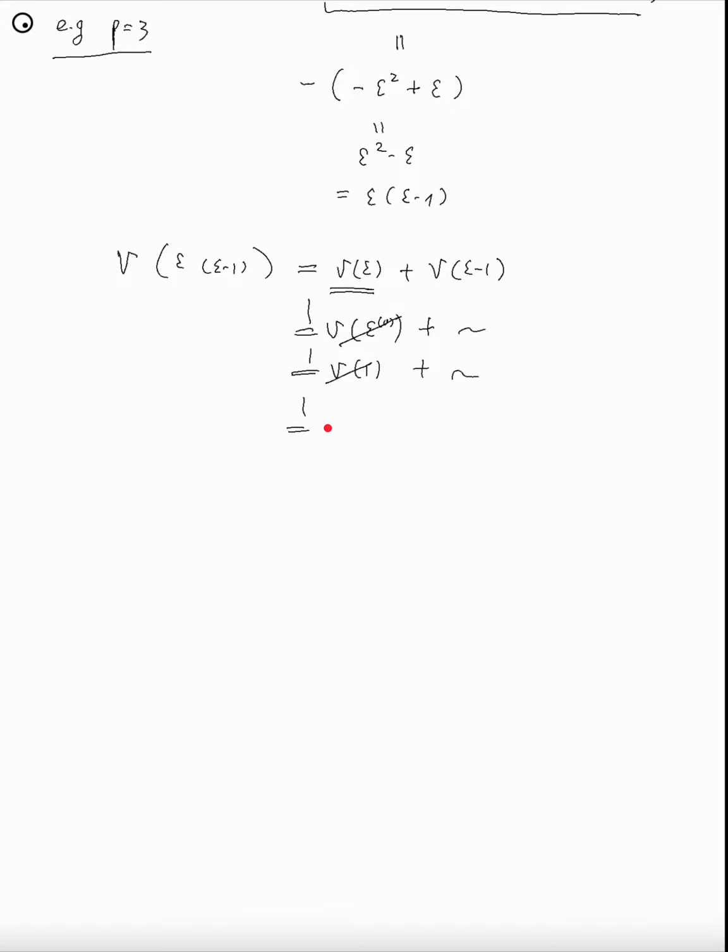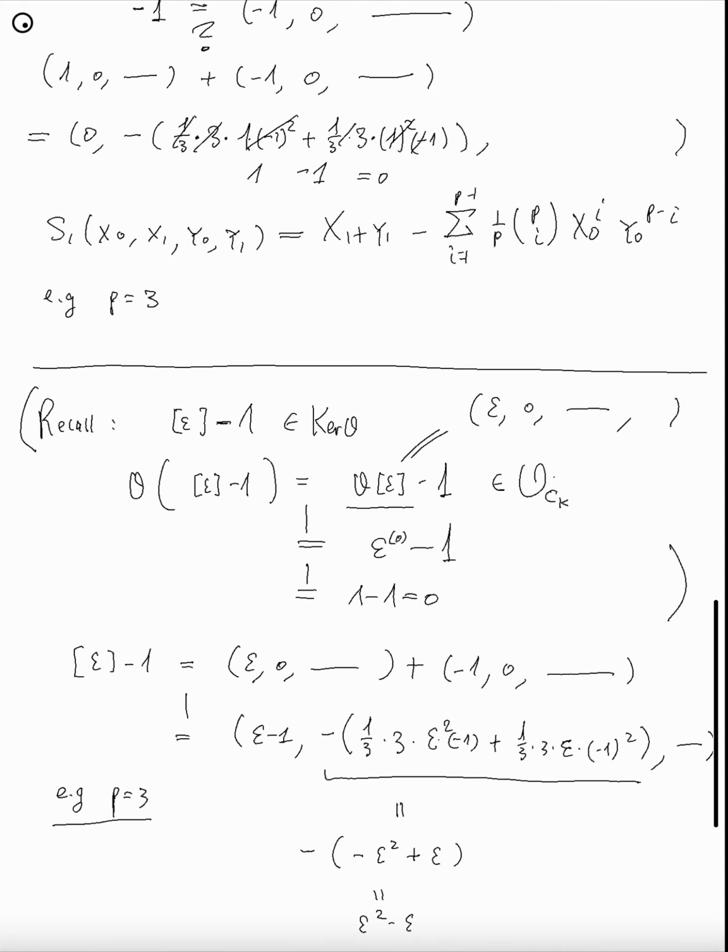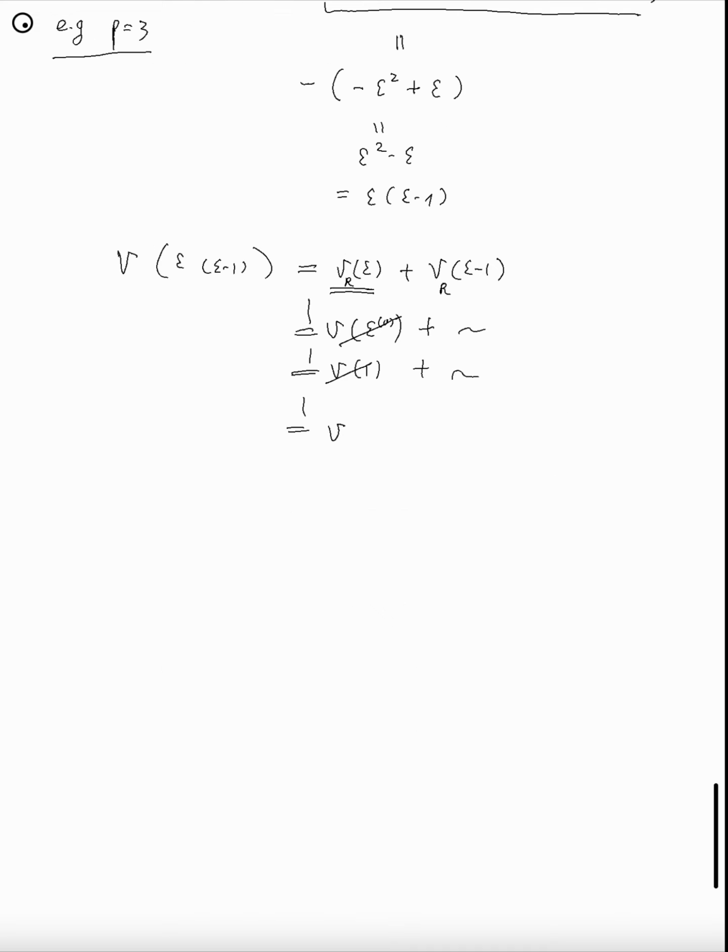Again, this is just the valuation of the first component of this, epsilon minus 1. Actually, we have computed what it is in the previous exercise.